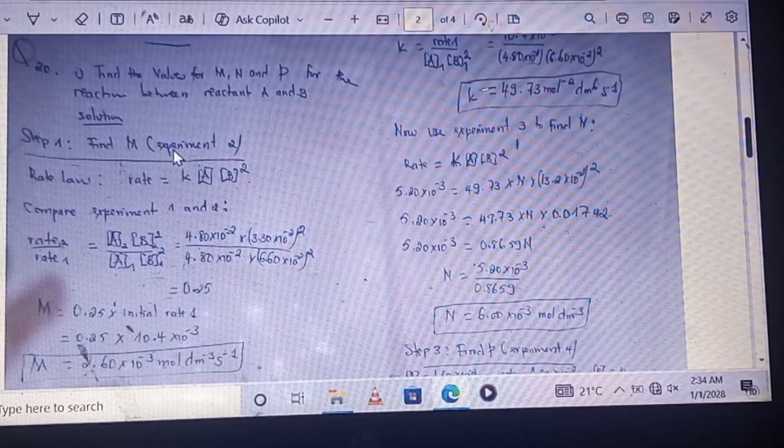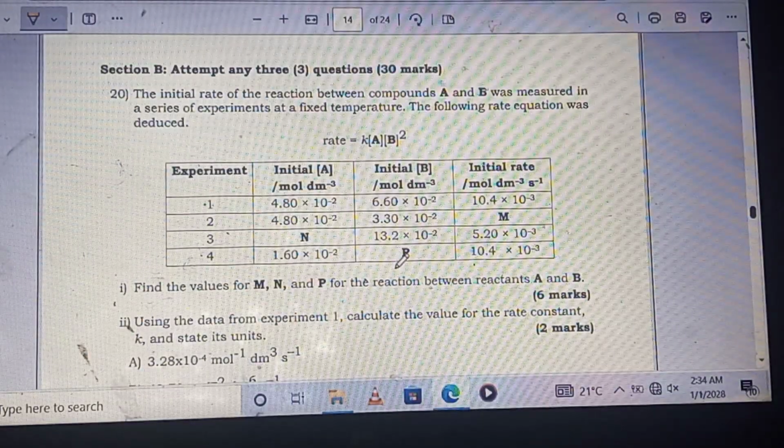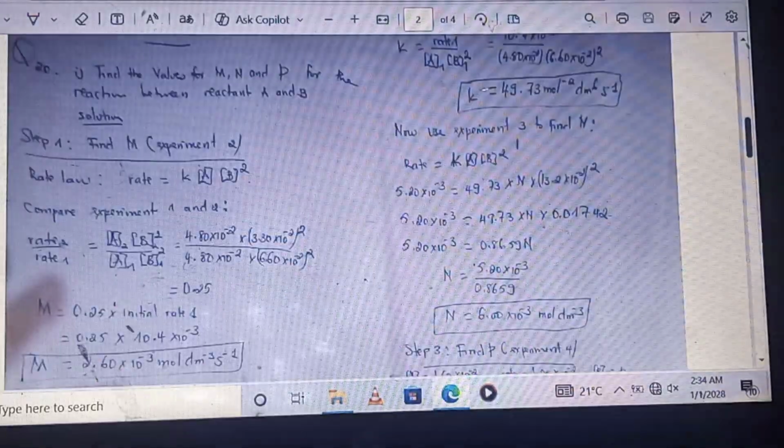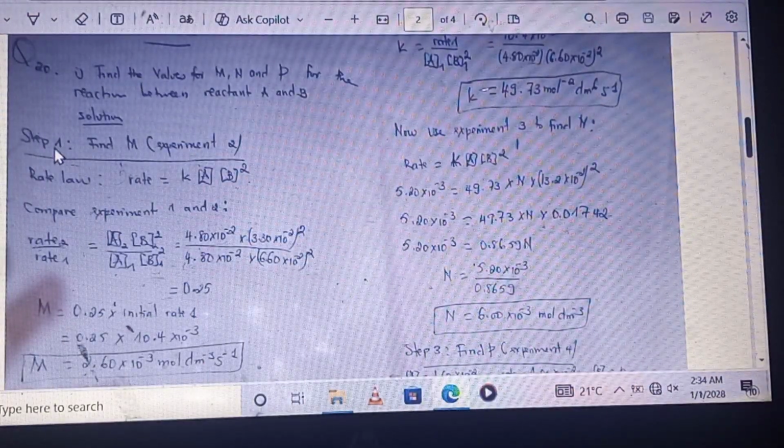M is in experiment 2, as you see in the question. We are going to calculate this M as the initial rate. You know that the rate law is rate equals the rate constant K times concentration of A times concentration of B squared. We are going to compare experiments 1 and 2.